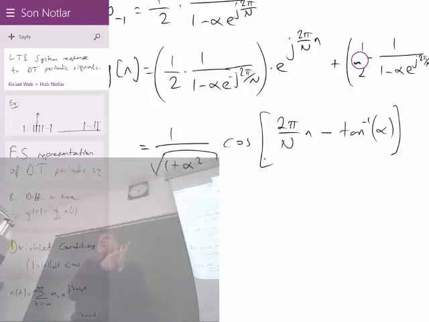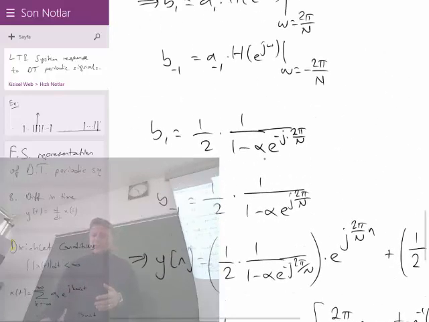Well, that's a phase, and alpha is the amount of the tangent shift. Therefore, the amount of phase corresponds to the arctangent of that alpha.